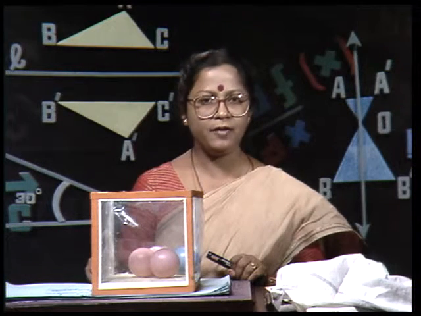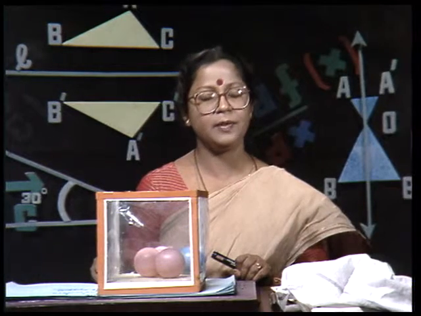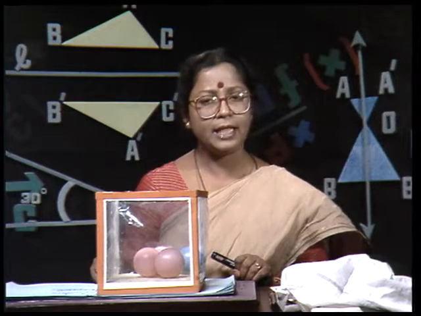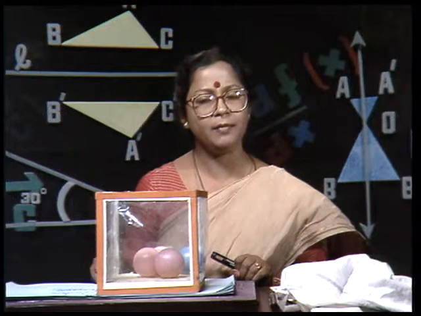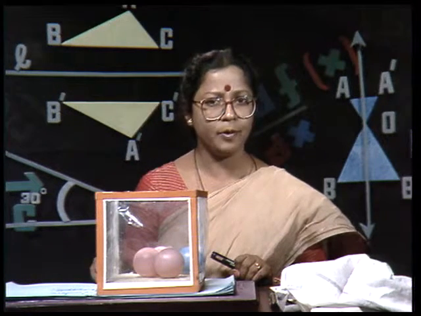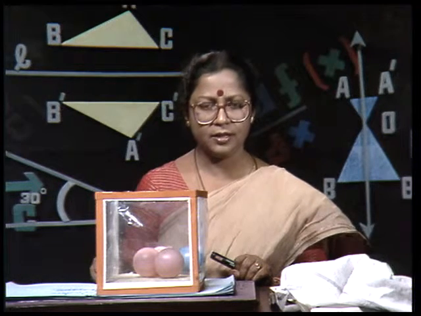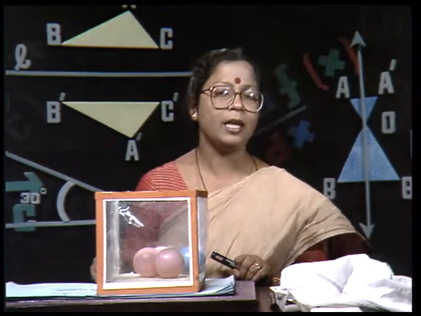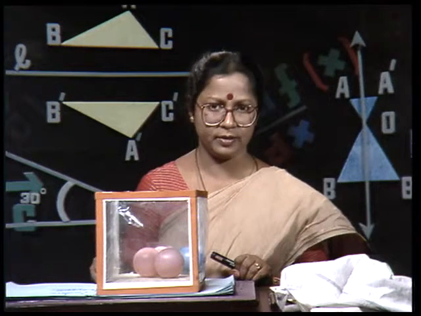But the favorable outcomes are 3 for this event, that is picking up a pink ball, and therefore, the probability of picking up a pink ball will be 3 upon 4, which is a much larger fraction than 1 upon 2, which was the probability when there were only 2 balls.